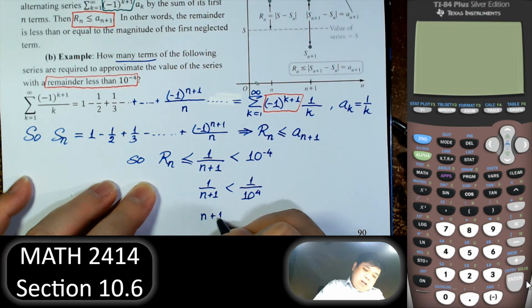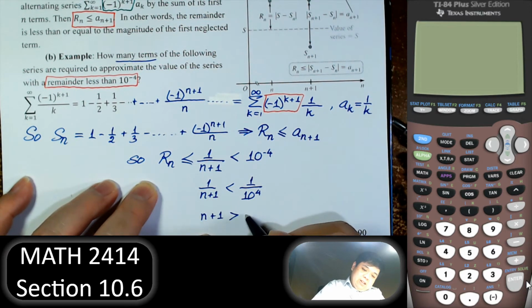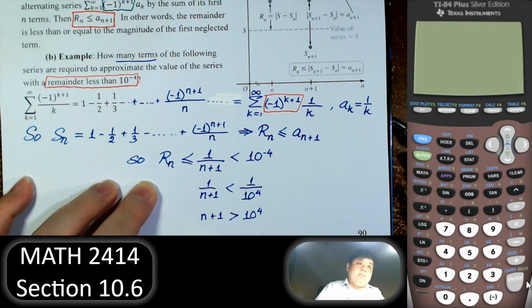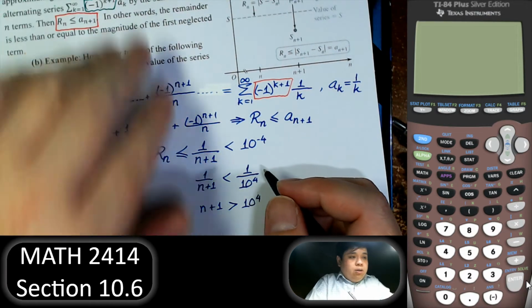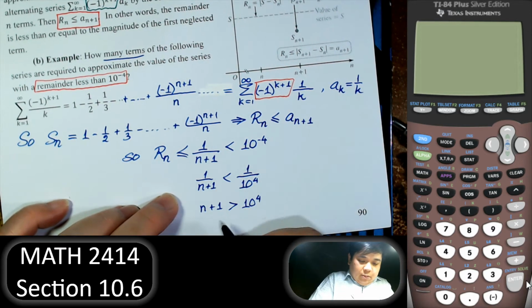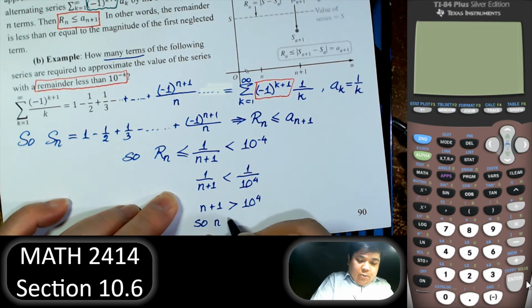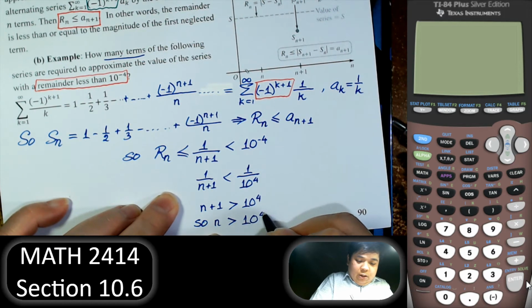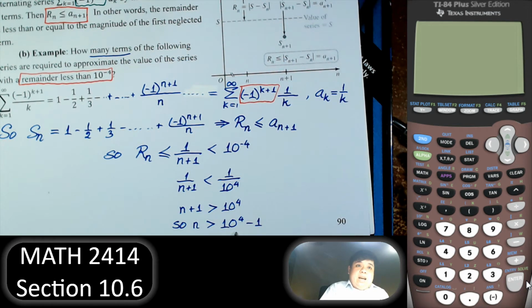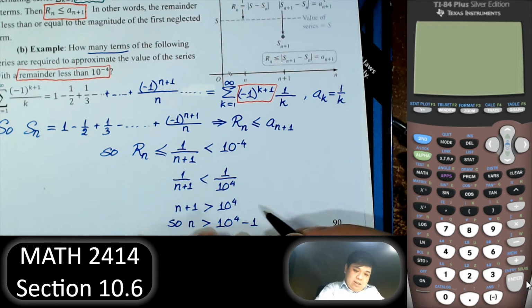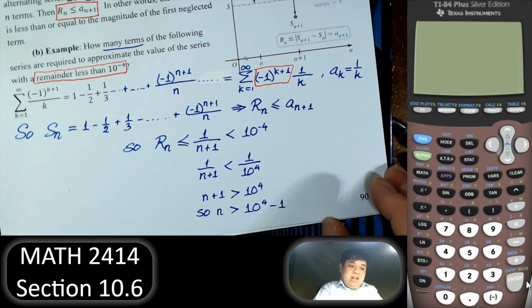So we have n plus 1 greater than 10 to the 4th, and then we subtract 1 on both sides. So n is going to be greater than 10 to the 4th minus 1. That's how many terms we need. Of course, we have to choose bigger than 9999, so n has to be at least 10,000.